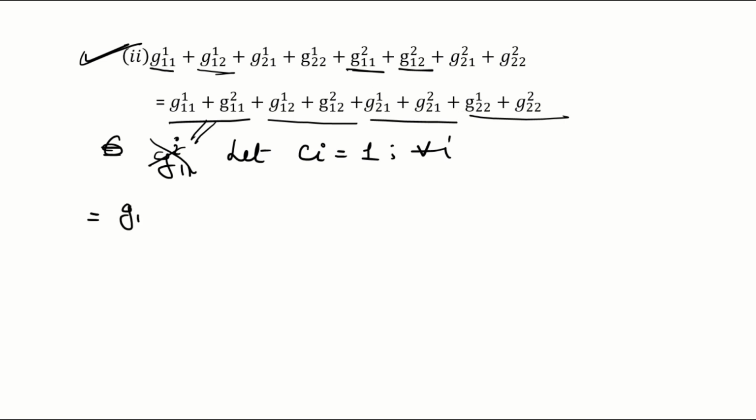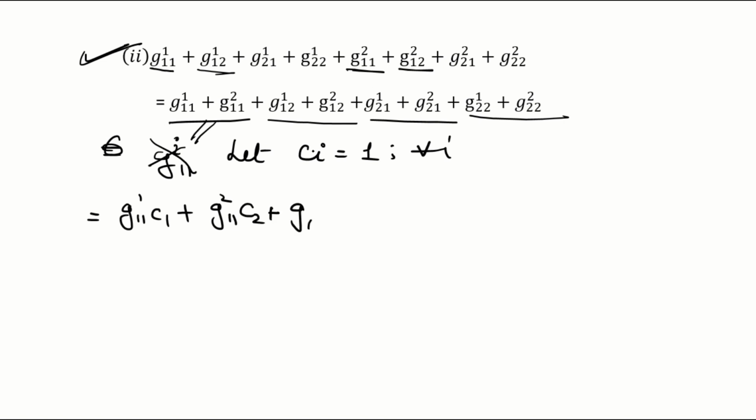So I am writing again g111 c1, then g112. If its superscript is 1, then you will multiply that term with c1. If its superscript is 2, then you will multiply that term with c2.